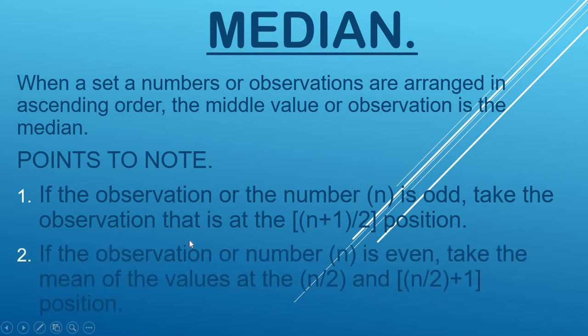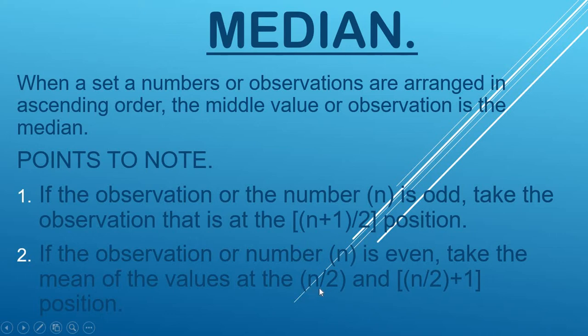The second point is saying that if the number of observations is even, take the mean of the values at these two positions: first at n over 2, and at (n over 2) + 1 position. So when you are given a set of numbers that is even, you will not be using the first formula, but this one.